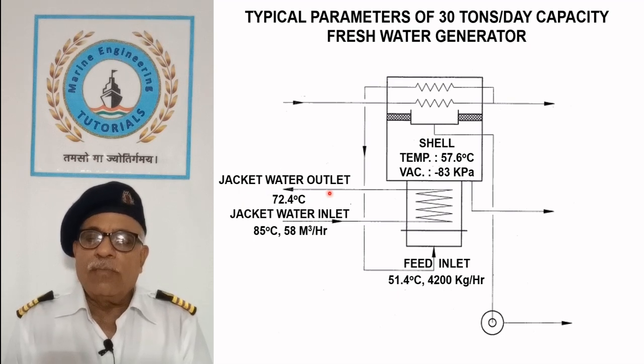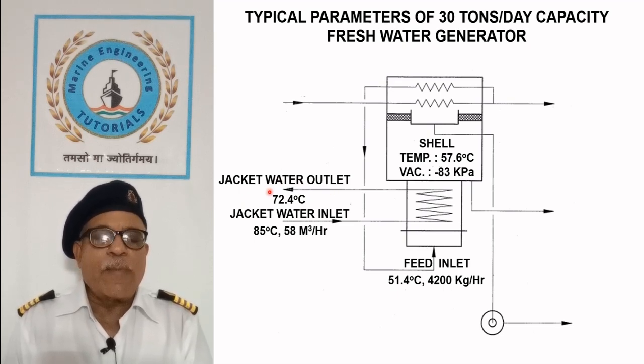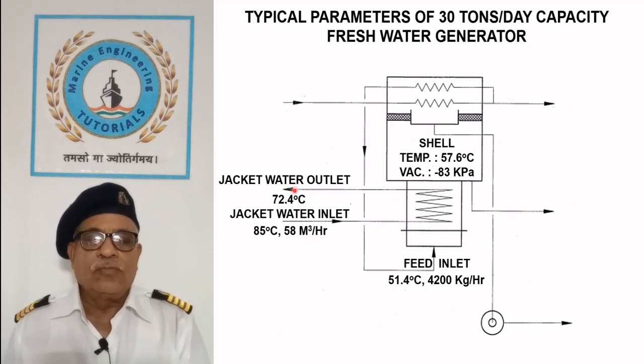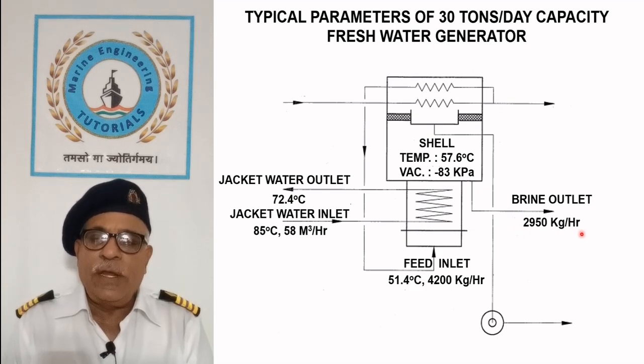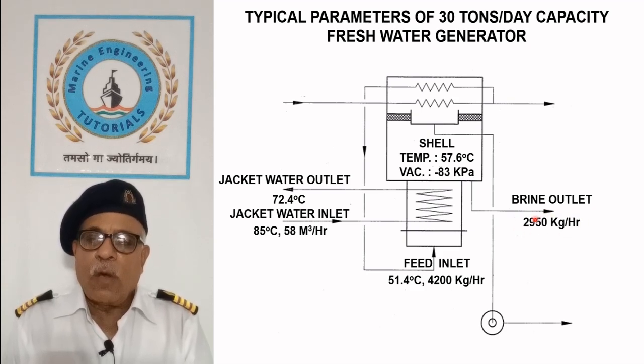Jacket cooling water is discharged from the evaporator at temperature of 72.4 degrees Celsius. 2950 kg per hour of seawater is discharged from the freshwater generator as brine.